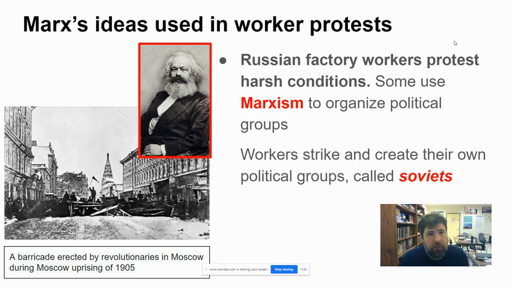Poor people in Russia start to cling to the ideas of Karl Marx, who, remember, is sort of the founder of communism. He wrote the Communist Manifesto in the middle of the 1800s and was very critical of capitalism and the ways that it wasn't equal and didn't treat everyone the same, and rewarded some people disproportionately, giving them more money than other people.